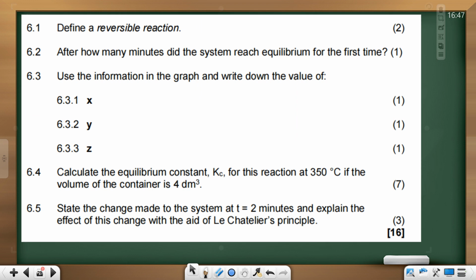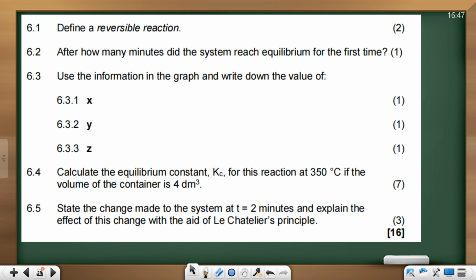All right. Define a reversible reaction. A reaction that can go forward and reverse. I hope that's fine. A reaction that can go forward and reverse.